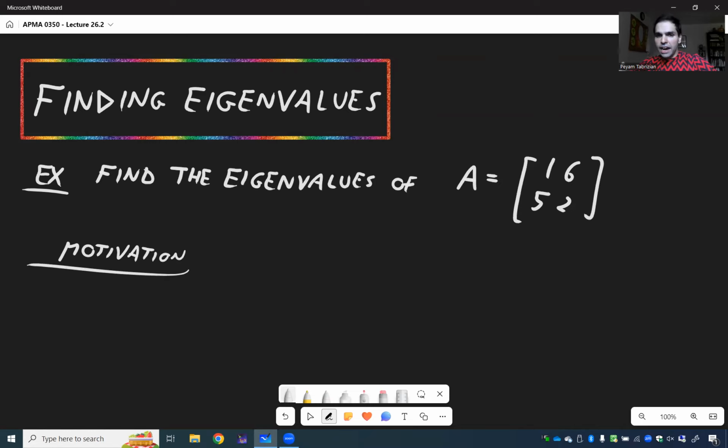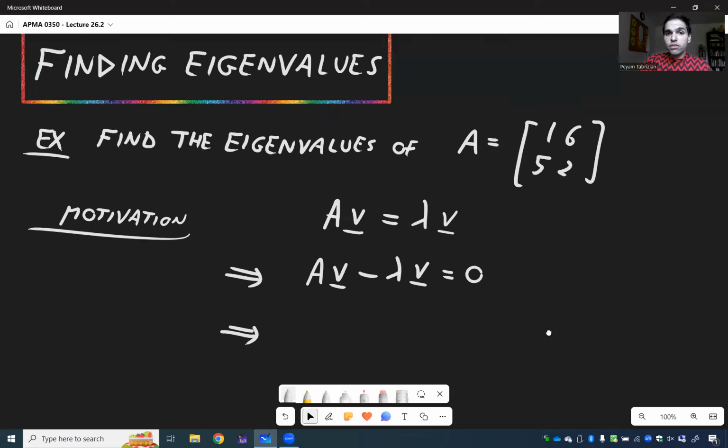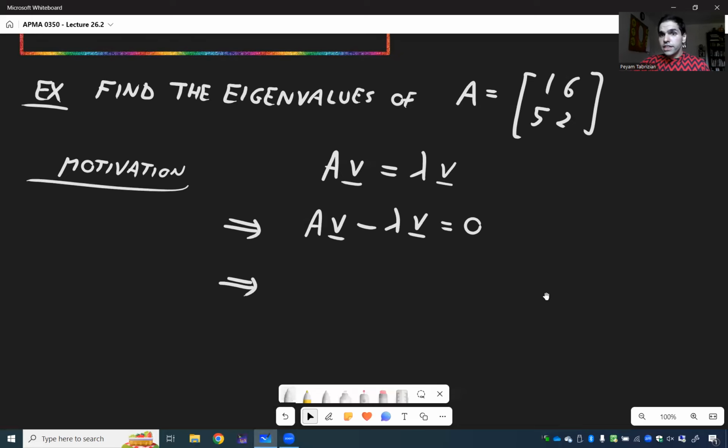So remember the eigenvalue equation, Av equals lambda v, and we want to find this lambda. If you put everything on the left-hand side, you get Av minus lambda v equals 0. And then we can factor out the v.